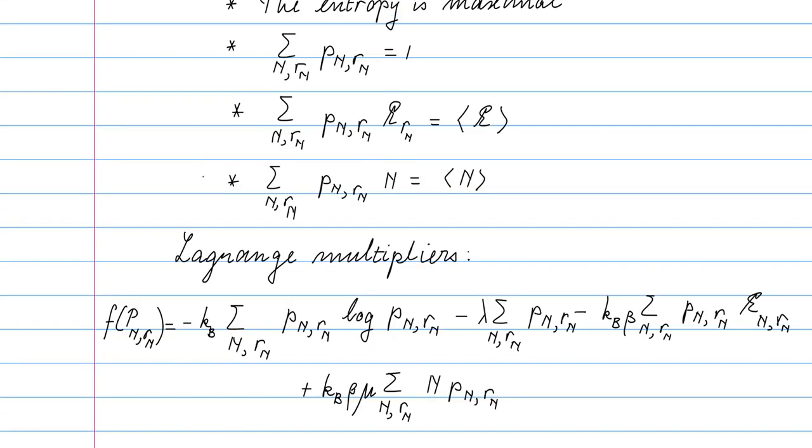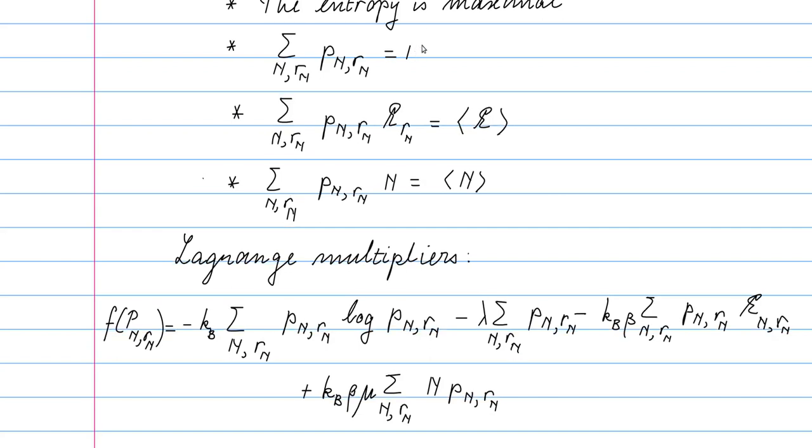And in order to do that, we use the method of Lagrange multipliers. So we define a function f, which is not the entropy, but it starts here with the entropy, the minus k_B times the sum of p(N, r_N) log p(N, r_N). And then we have a Lagrange multiplier, first of all, for the normalization, this condition over here.